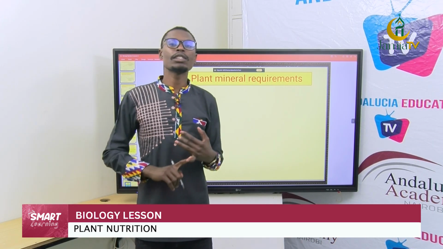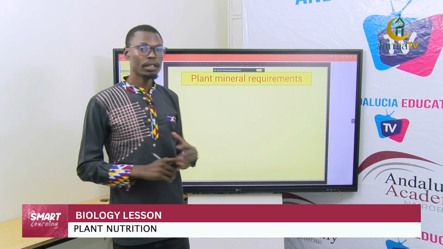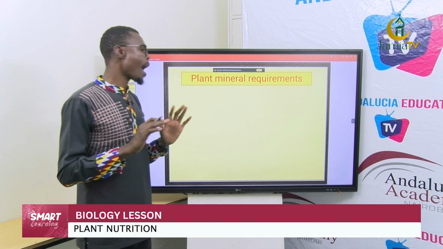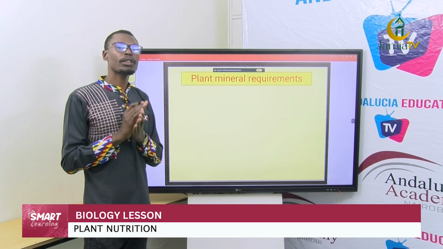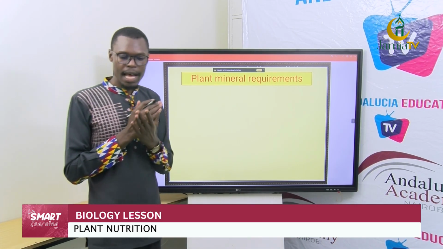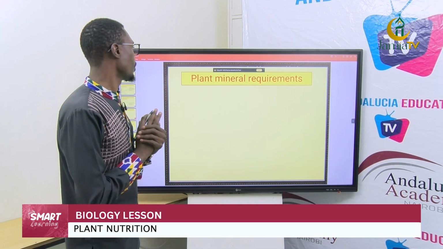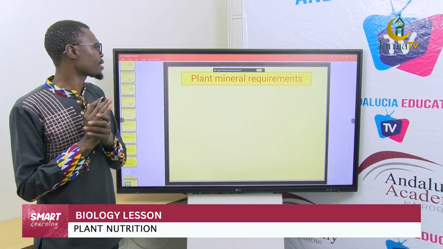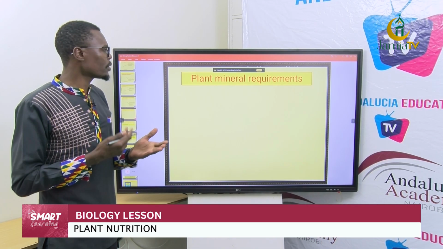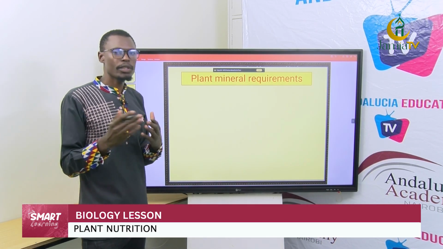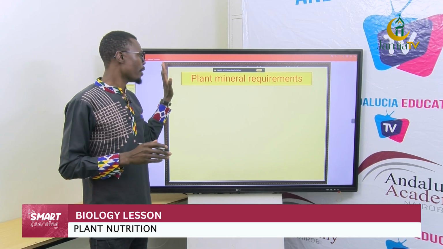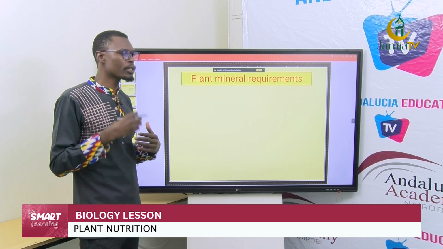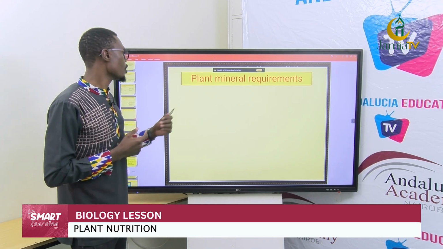In the same process, it also absorbs the mineral salts from the soil. The mineral salts and water are transported through a tissue known as xylem tissue. Once these substances are taken to the leaves, they are used in the process of photosynthesis. The glucose is formed, then the phloem transports those products for storage.